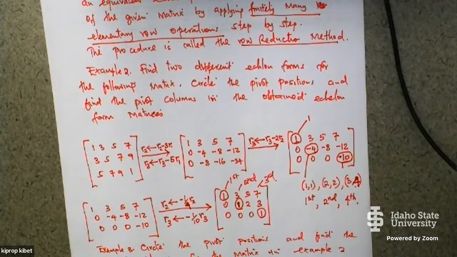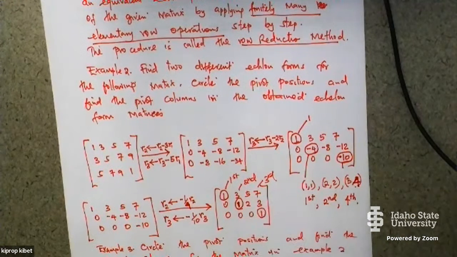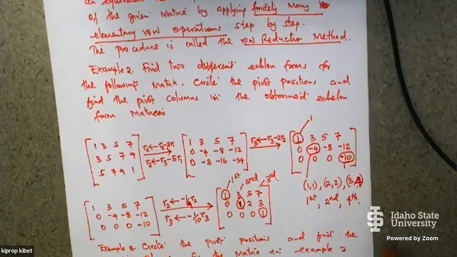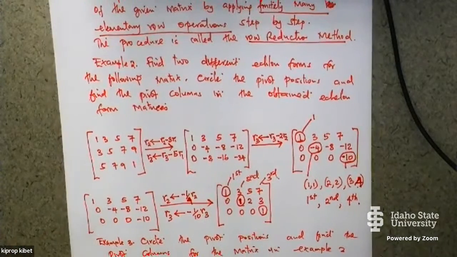So what you only need to do here, once you have done all this, is we have 1, 3, 5, 7, 3, 5, 7, 9, and then 5, 7, 9, 1. So the solution: what you only need to do here is circle the pivot positions and get the pivot columns.